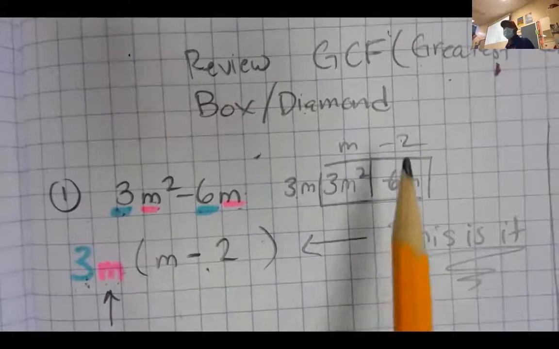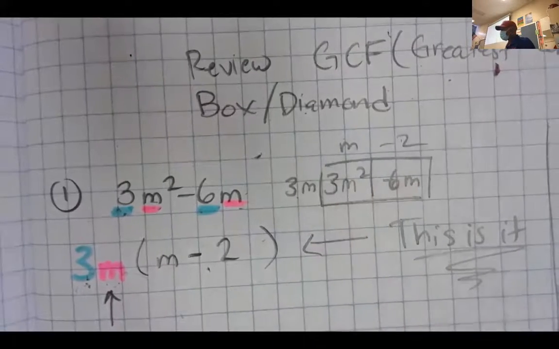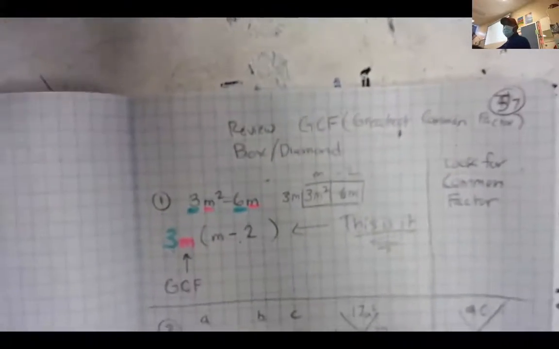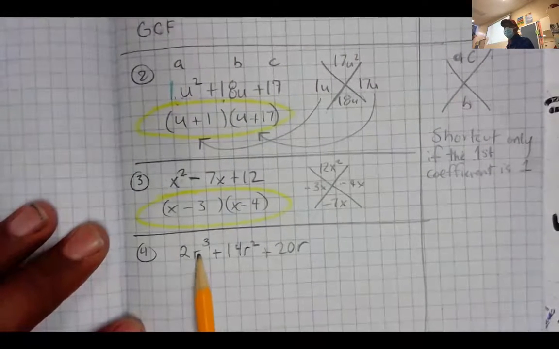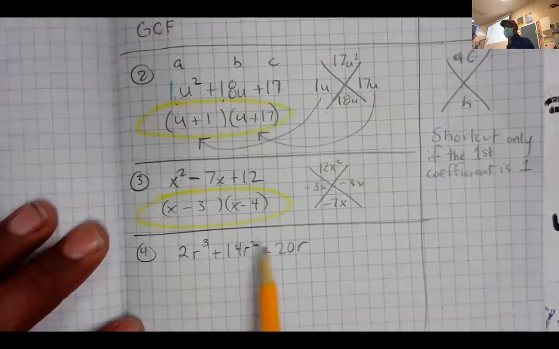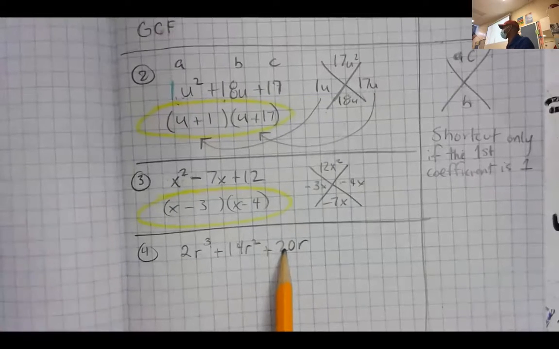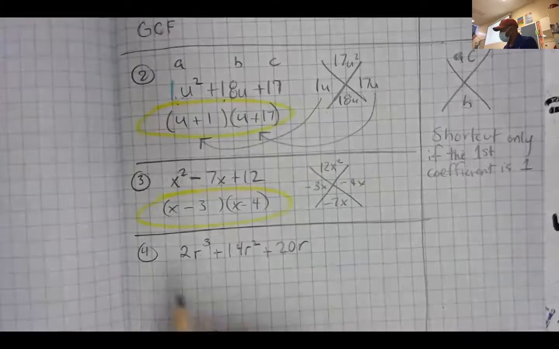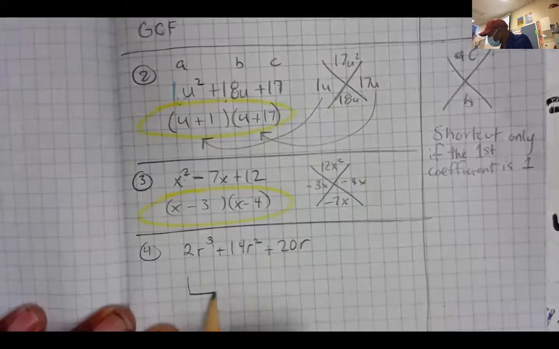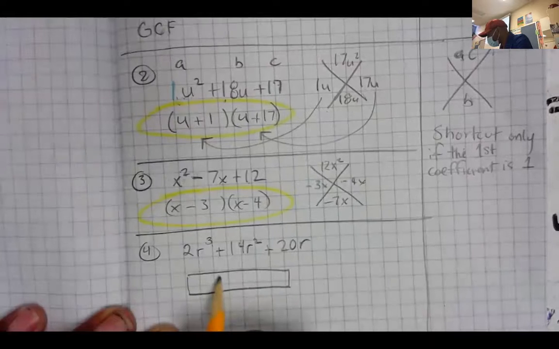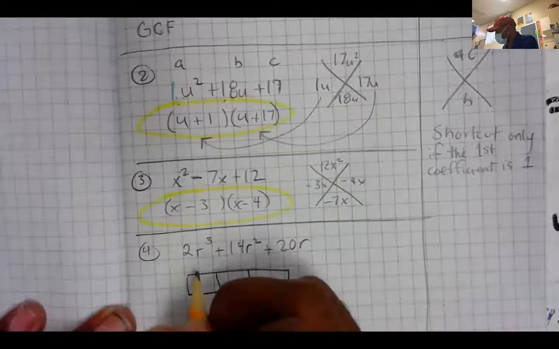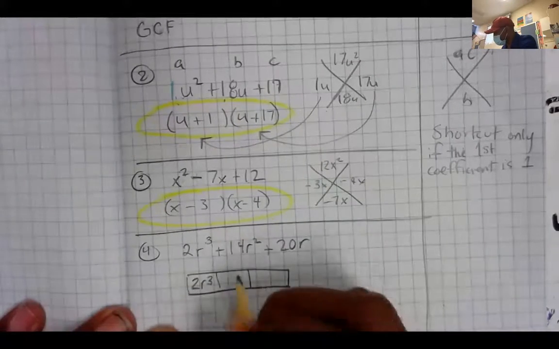Okay, so here I did GCF first. So now on this last one, if you notice, they all have an r, and each of these numbers can be divided by 2, right? So here, let's set that up. I'm going to put these numbers inside.